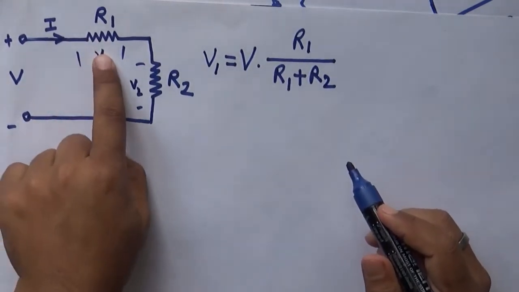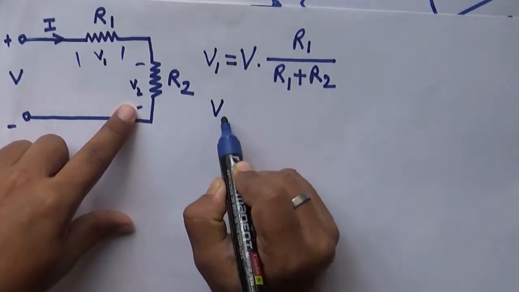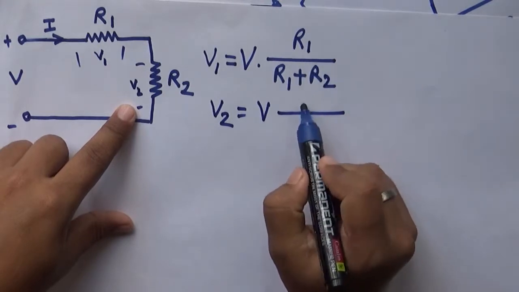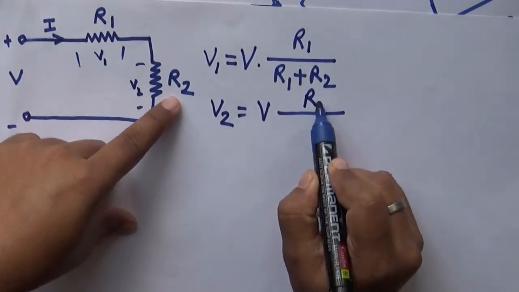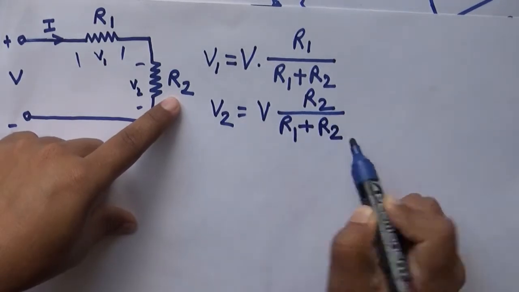The respective resistances R1 and R2. And what is V2? It's simply V times R2 by R1 plus R2.